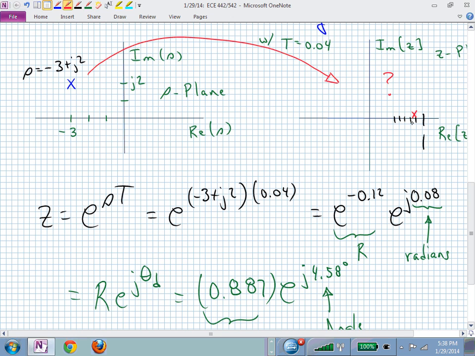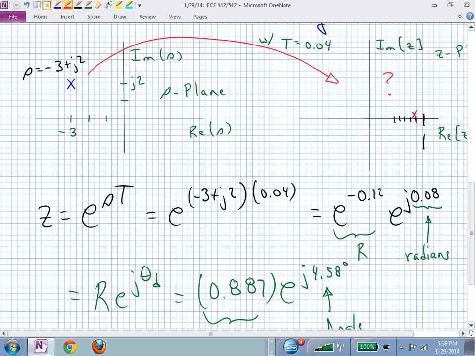So my location in the complex z-plane is at an angle of roughly 5 degrees and a radius away from the origin in the z-plane of about 0.9. So that point, the blue x in the s-plane, gets mapped with that choice of sampling period to a location of 0.9 at an angle of roughly 5 degrees.